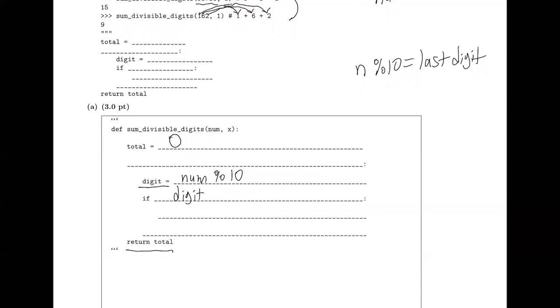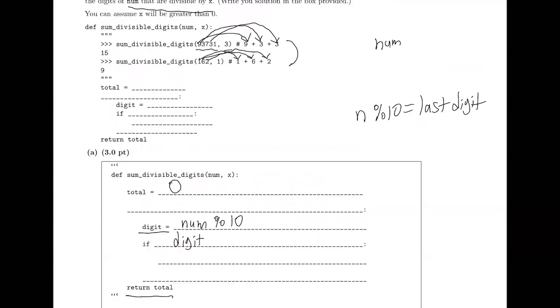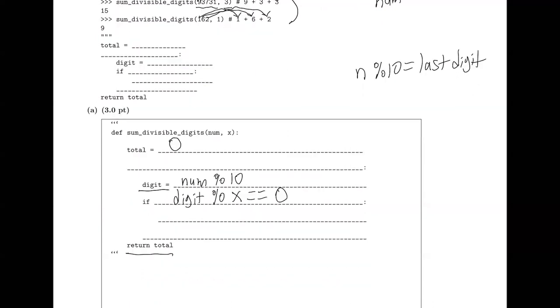How do we check if digit is divisible by x? We can do the same thing with our mod operator, because if digit is divisible by x, then we should get a remainder of 0. So we just check if it is a remainder of 0, then that means it is a multiple of x. And if it is divisible by x, then all we have to do is add that digit to total.